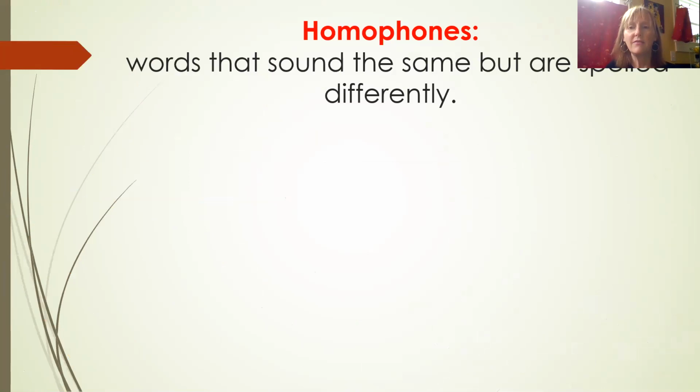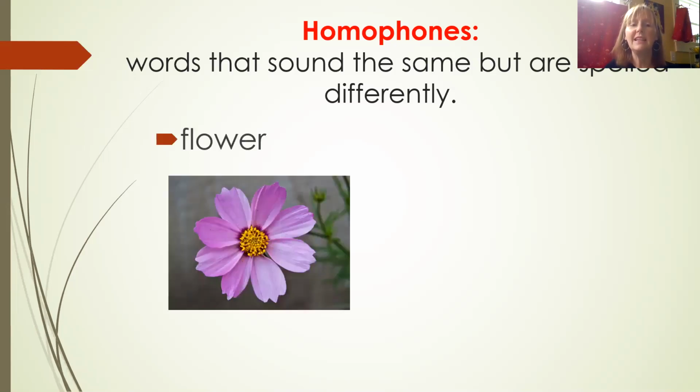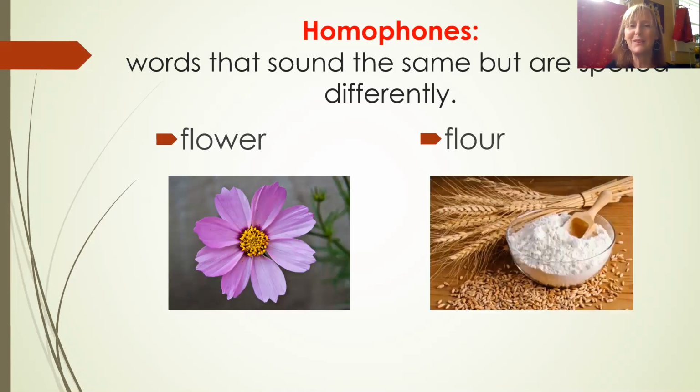Thinking about the word flower, we want to quickly make sure we remember our word homophones. Homophones are words that sound the same, but are spelled differently. So our first one is the word flower, the one we're learning this week. It is a beautiful blossom. And then the word flour, which sounds exactly the same, but has a completely different meaning, the kind that we use for baking bread or baking cookies.